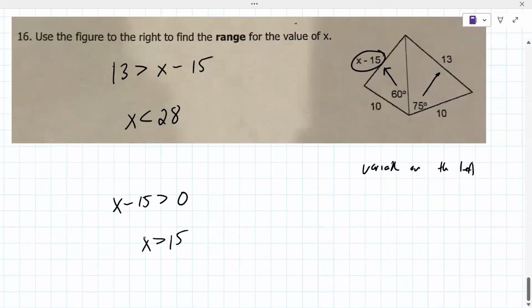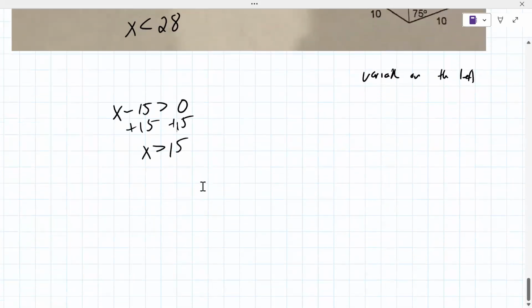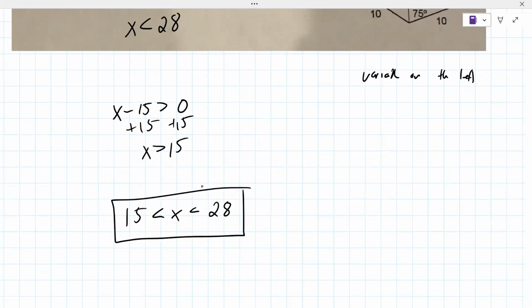X is greater than 15. So the combined inequality here is that x is between 15 and 28. Does that make sense? Yeah.